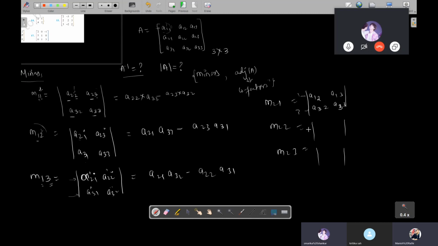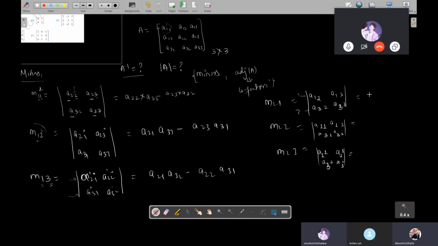Similarly, try M22. M22 means rows 1 and 3 are left, and for column 2, columns 1 and 3 are left. So this is M22. Similarly for M23, what will be the elements? Rows 1 and 3, and columns 1 and 2.